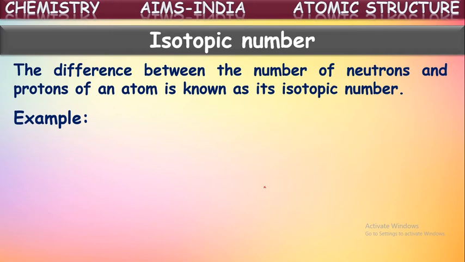For example, how do we calculate the isotopic number of carbon? Just by taking the difference between the number of protons and neutrons of this atom, we can find its isotopic number.